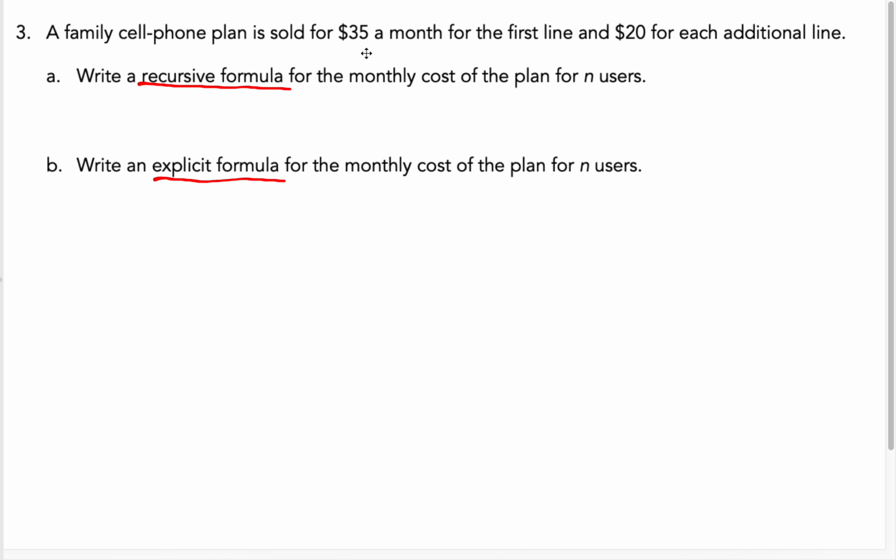We know that the first term of the sequence is 35 because it says a family cell phone plan is sold for $35 a month for the first line. So therefore, we also know that our common difference here is going to be 20, since it's $20 for each additional line.